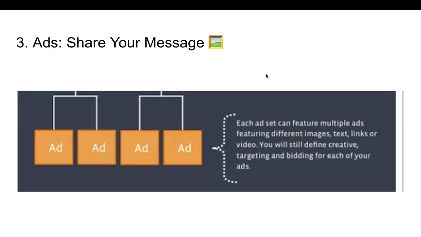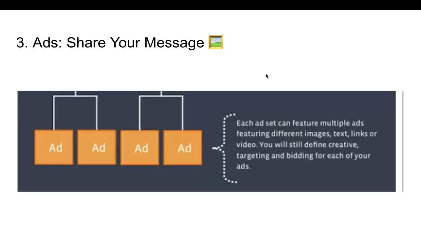Alright. So the third level, and this is the last level, we have ads. So you're able to share your message. At the final level, you can create the ads themselves, which is the content your audience will see. It's kind of like the tip of the iceberg, right? Each ad will include different creative formats like images, video, or carousel ads.